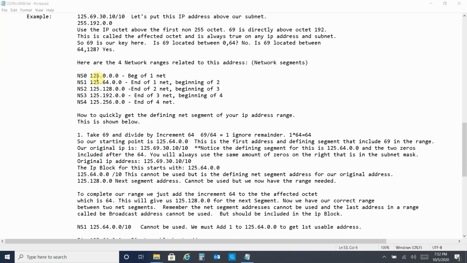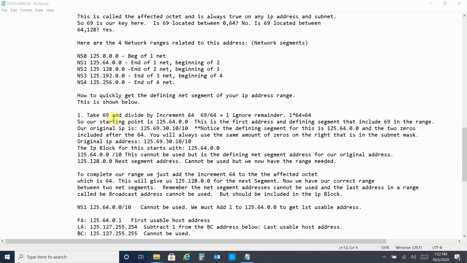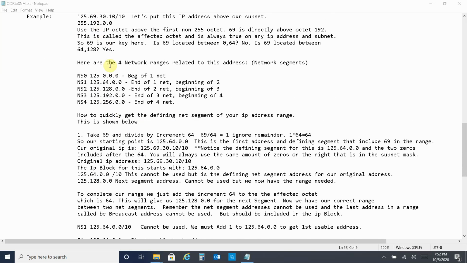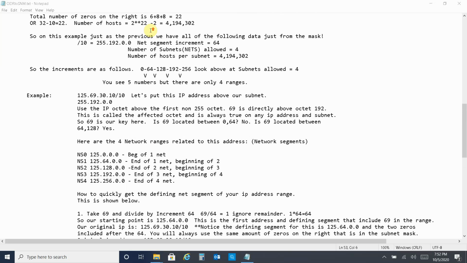Now, instead of having to put all these down, what we're trying to do is find the block for this right here. So all you got to do is take the active octet, which is 69, and divide it by the increment. Remember that? That's 64. Our increment, 64.